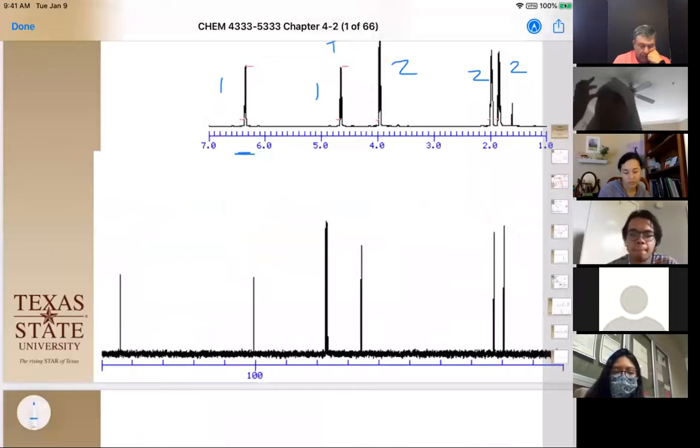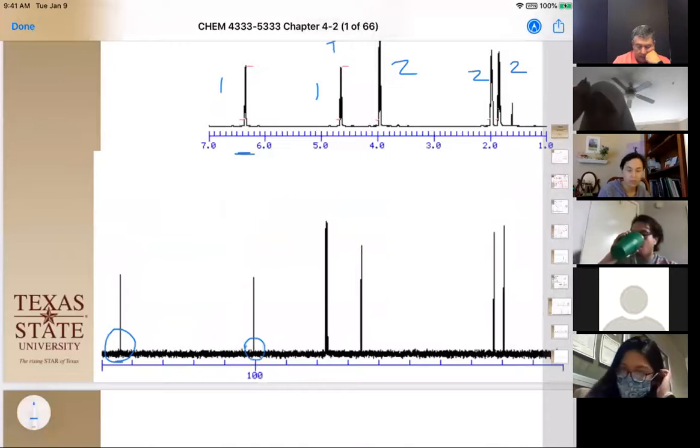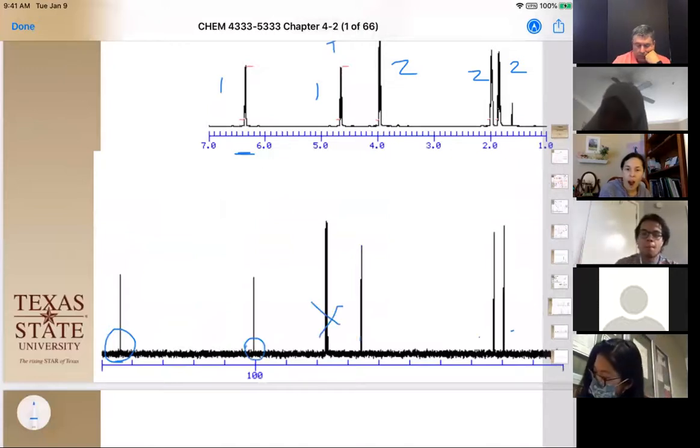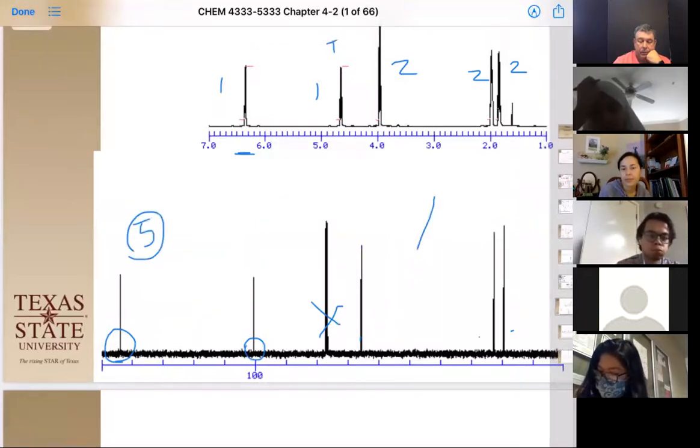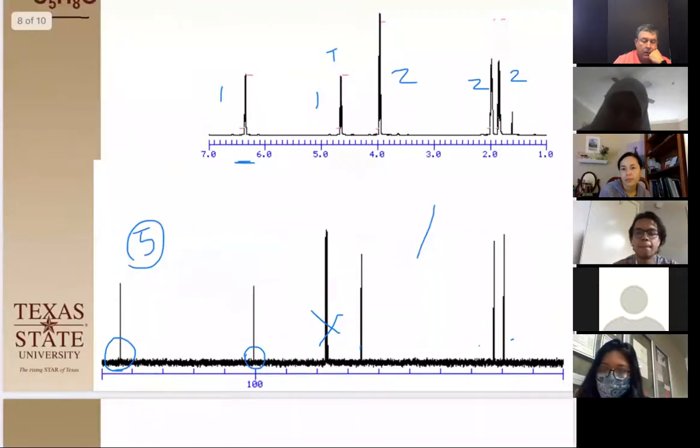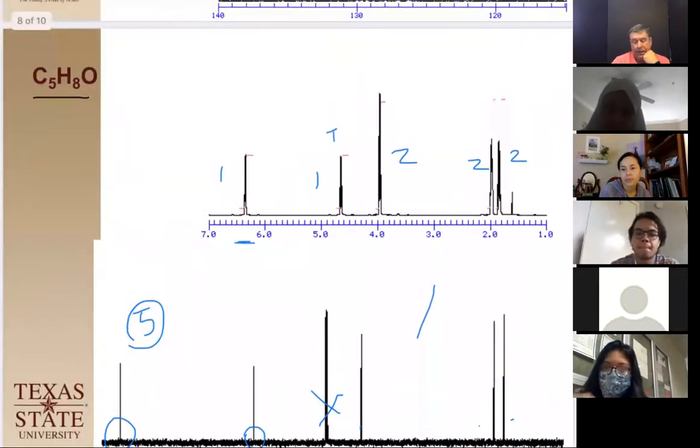Wow, we have something way up here. We have something at 100. This is chloroform. 2, 3, 4. So we have 5 carbons present and they're all different, so we don't have symmetry. We have one oxygen and we have 8 hydrogens.